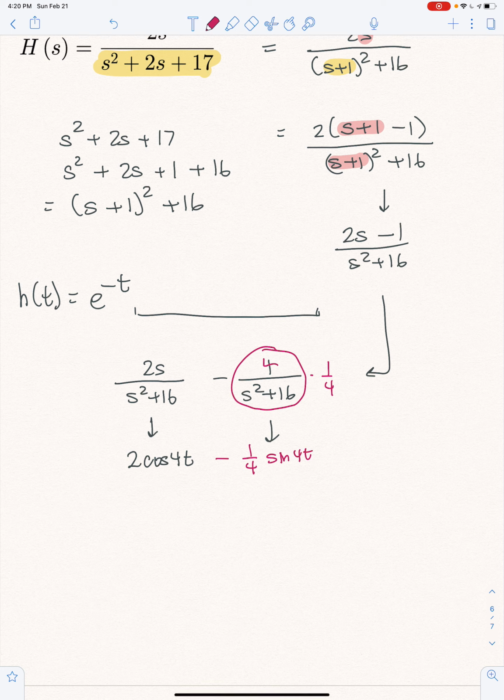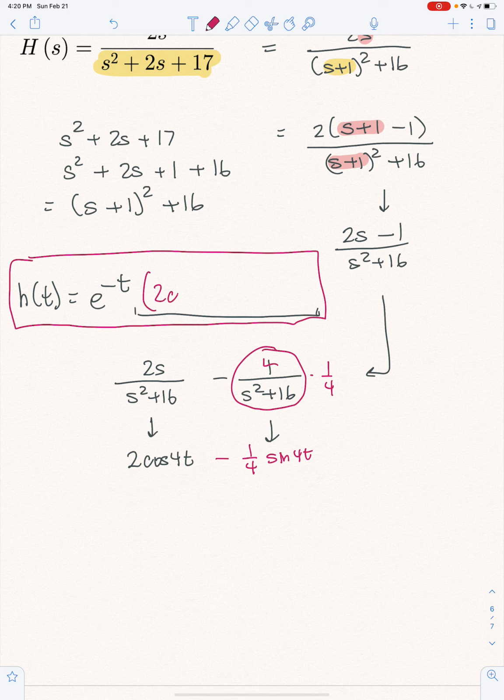And there we have it. So the original function, which I have here as h of t, is e to the negative t, already accounted for the shift, so that's why we took it out, times the quantity 2 cosine 4t minus 1/4 sine 4t. And there we have it, inverse transforms with shifts.